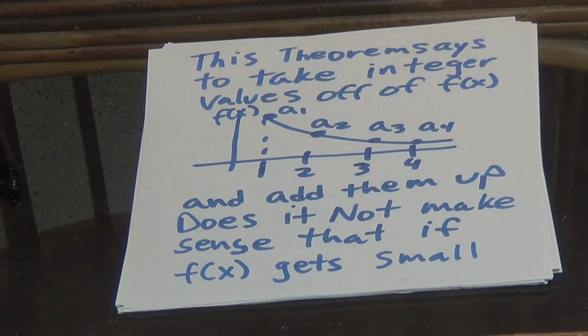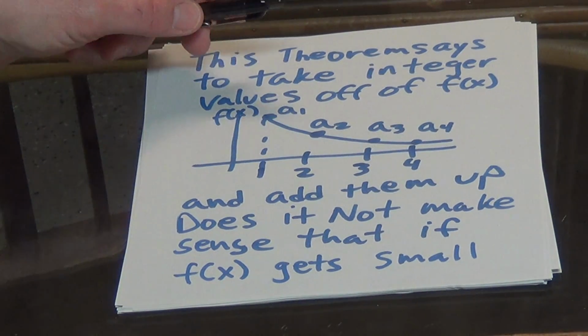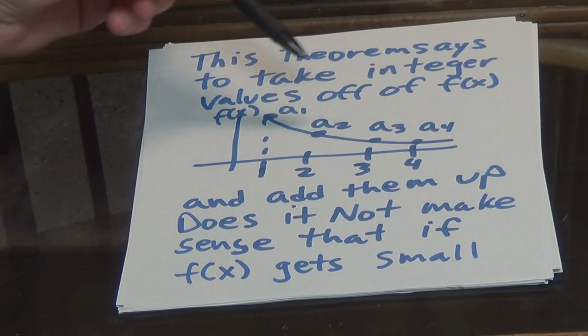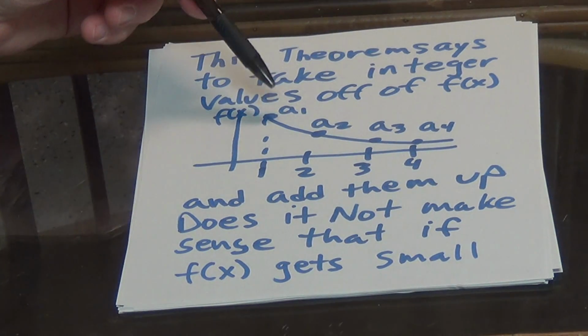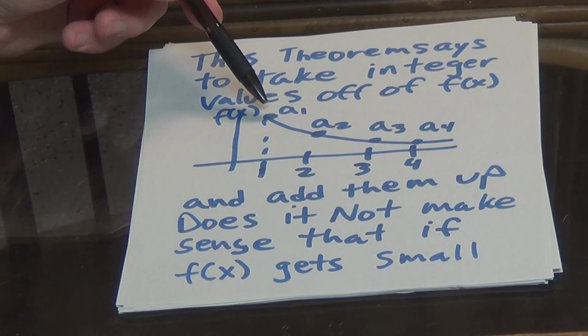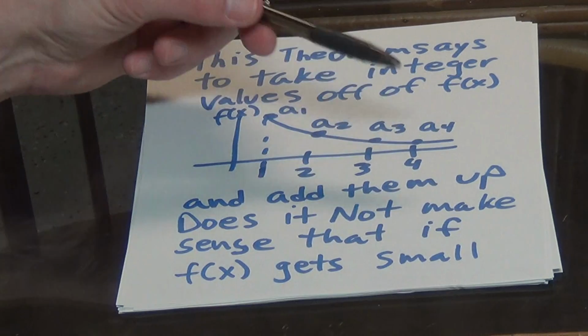This theorem from 9.3 says to take integer values off of f of x. So at integer x values, the y values, the f of x values, a1, a2, a3, a4, and add them up.